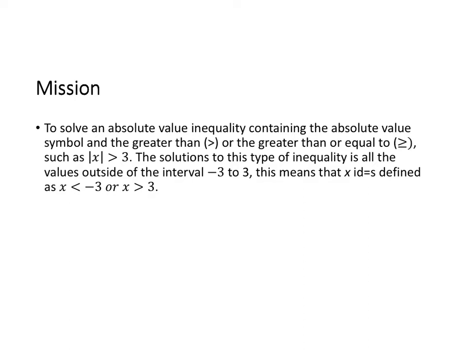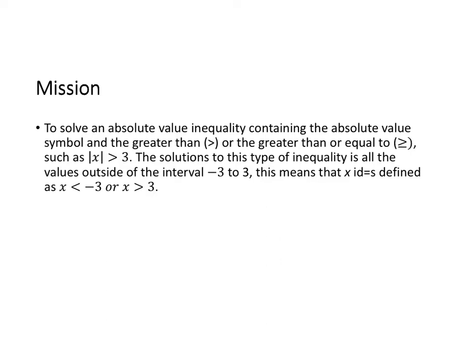Alright, our mission in this lesson is going to be to solve an absolute value inequality that contains the absolute value symbols and the greater than or the greater than or equal to symbol. An example of a problem that would look like this is the absolute value of x is greater than 3.